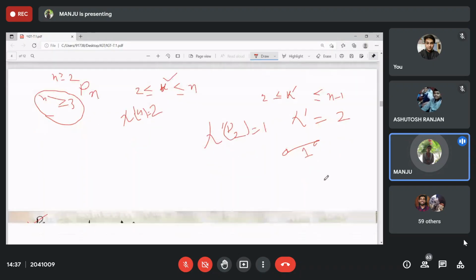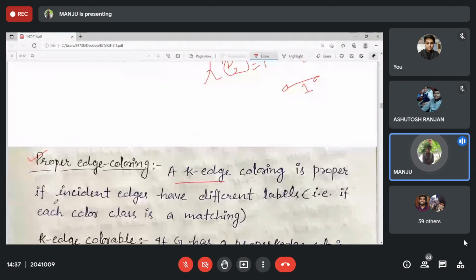Proper edge coloring: a K edge coloring will be proper if incident edges, or you can say edges having common vertices, or adjacent edges, have different labels, meaning different colors. Or you can say each color class forms a matching. This happens whenever no adjacent or incident edges get the same color.